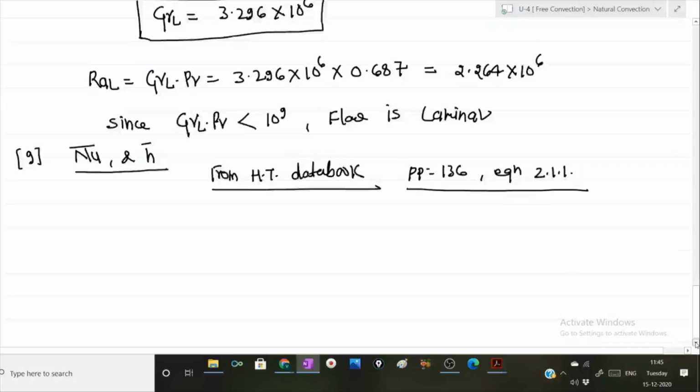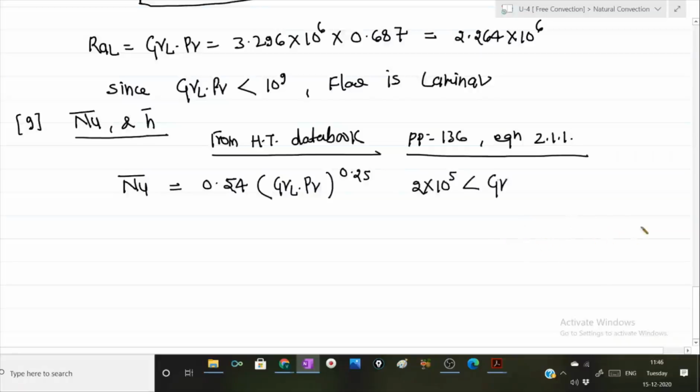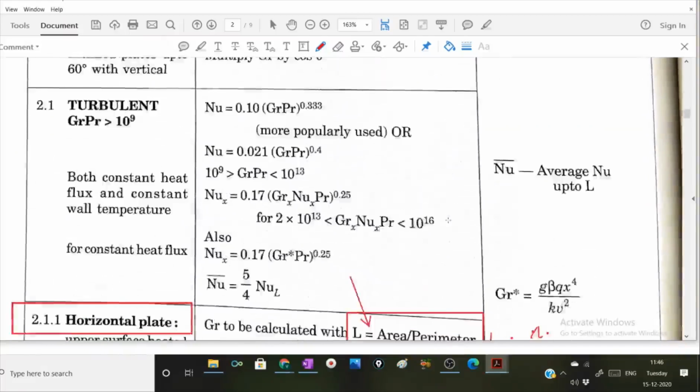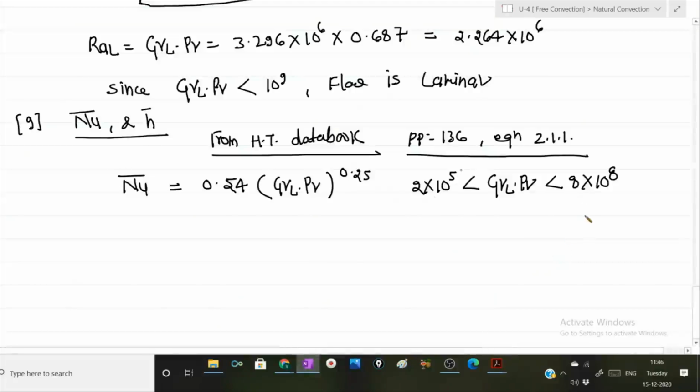For the given orientation of the plate, the expression for average Nusselt number I can select as 0.54 into (GRL into PR) to the power 0.25, and this range is for 2 into 10 to power 5 less than GR PR less than 8 into 10 to power 6.